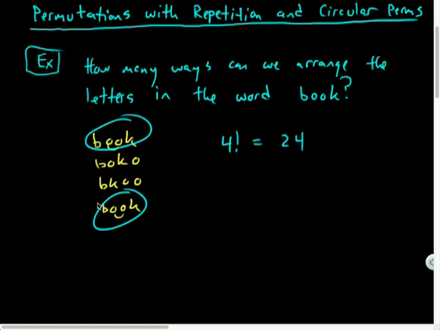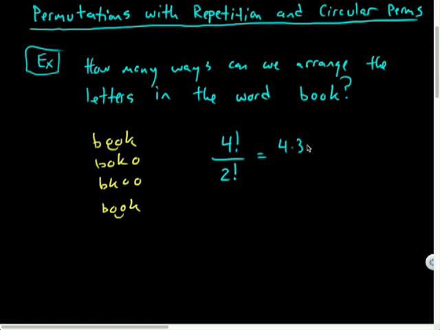So I actually have 2 factorial ways more than I want. So I'm going to divide 4 factorial by 2 factorial, the number of repetitions that I had, and I would have 4 times 3 times 2 factorial over 2 factorial. And those could cancel out, and I get 12.